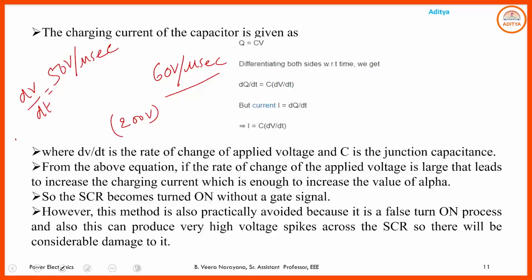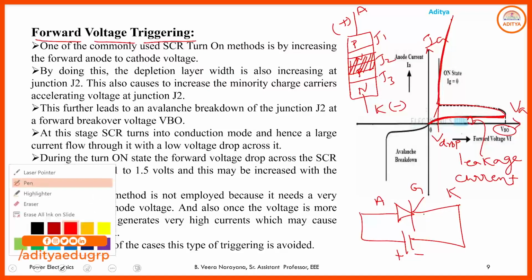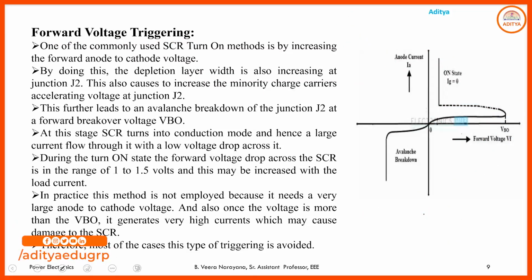See here, this is the forward breakover voltage when the gate current is 0. If the gate current is 0, then to bring the SCR from the forward blocking state to the forward conducting state, you need to provide a large amount of voltage.